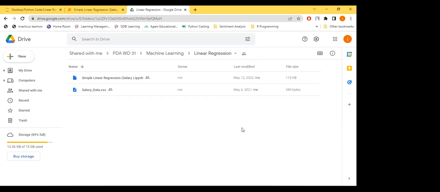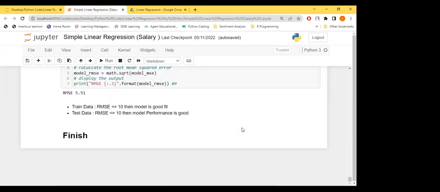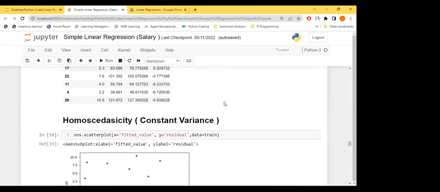Yes, sir. Guys, run the code. I'm just making you run the code so that you should not get any error. Just cross check, are you getting error? Just inform me.